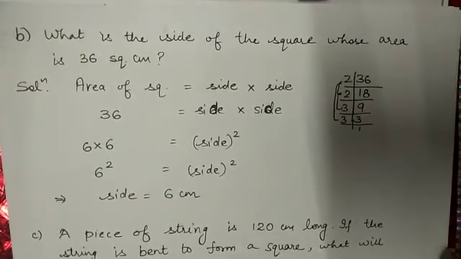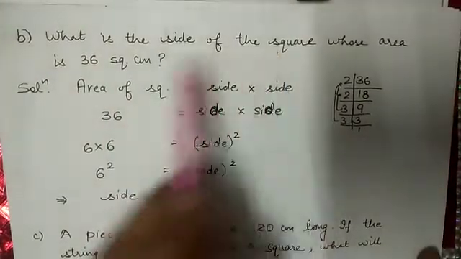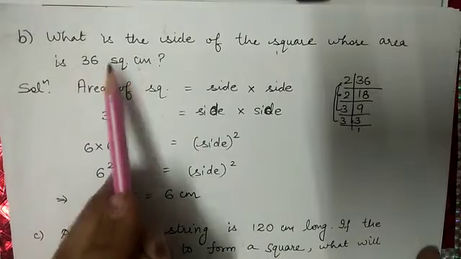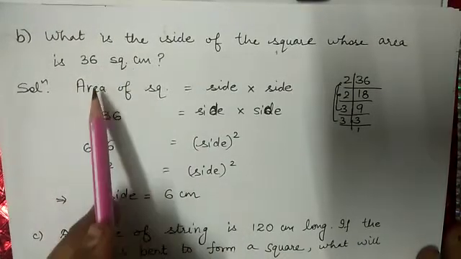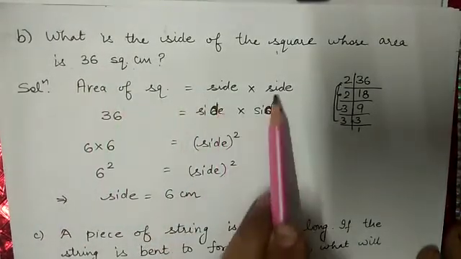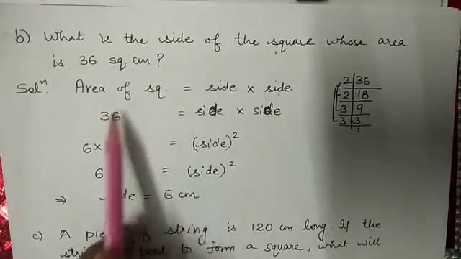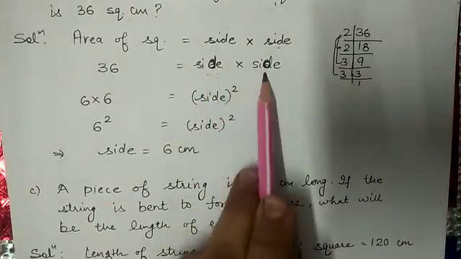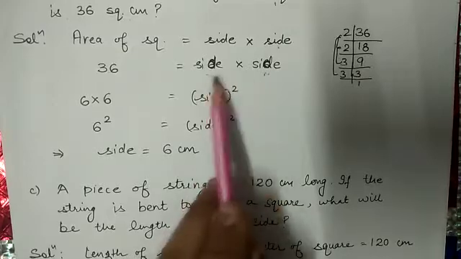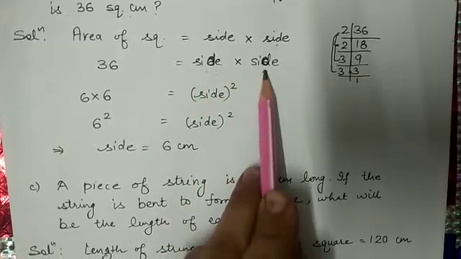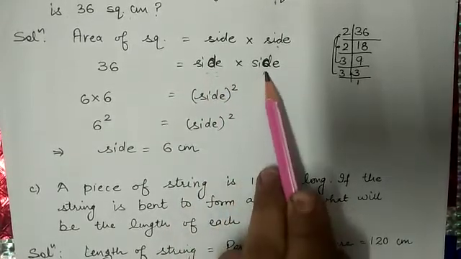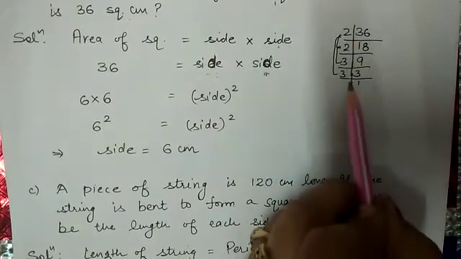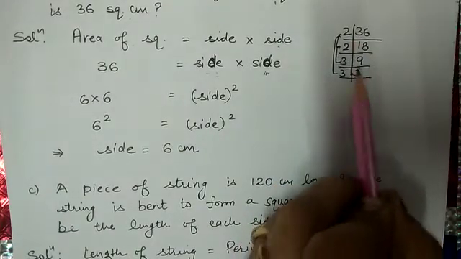Next question, what is the side of a square whose area is 36 square centimeter? We all know area of square is side into side, that is 36 is equal to side into side. It means we should have an answer such that both values are the same, because it is the area of a square, so the sides will be the same. So let us get the prime factorization of 36.